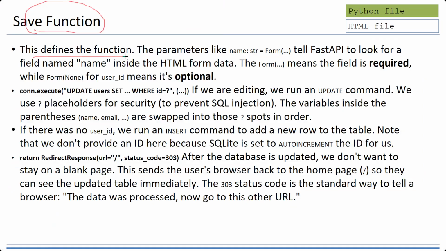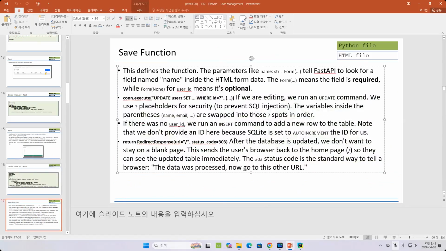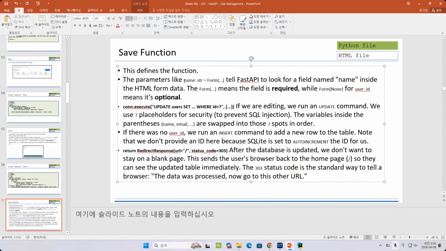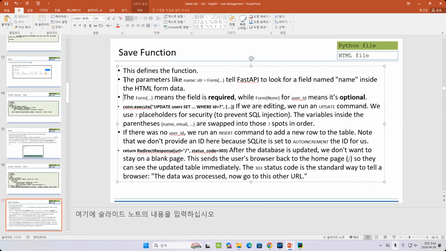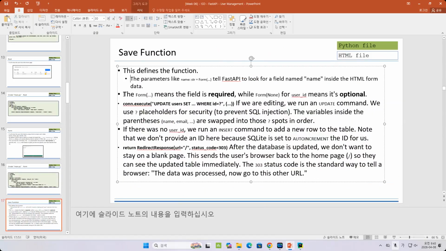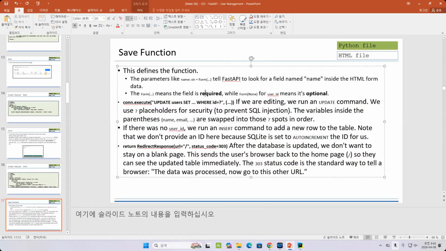This defines the function. We need to define what the form is in this case, and we are going to tell FastAPI, let's say we are using Form dot dot dot.